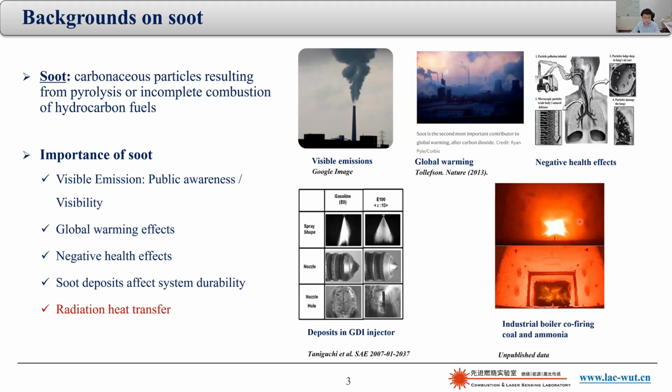Nonetheless, there is a good incentive to mix coal with ammonia as a means to reduce CO2 emissions. However, if you mix too much ammonia, soot formation will be significantly reduced, coming with a reduction of radiative flame heat transfer. This can actually cause a lot of problems in industrial boilers.